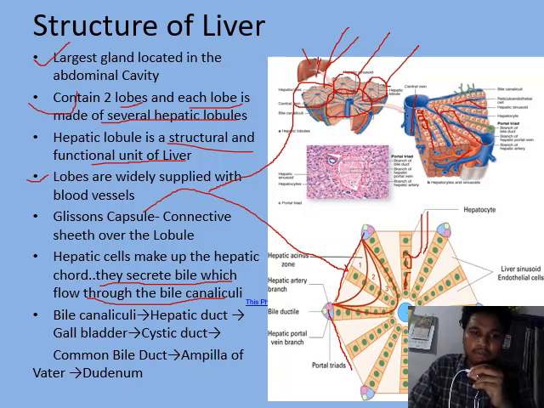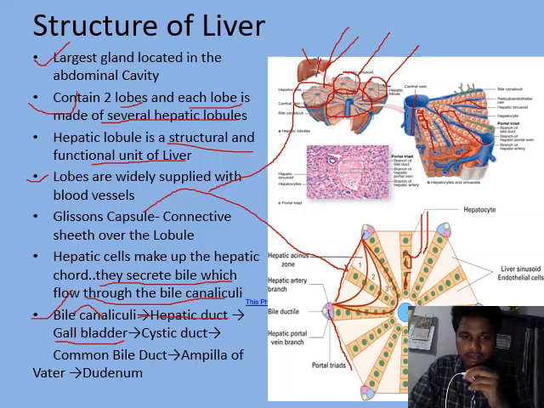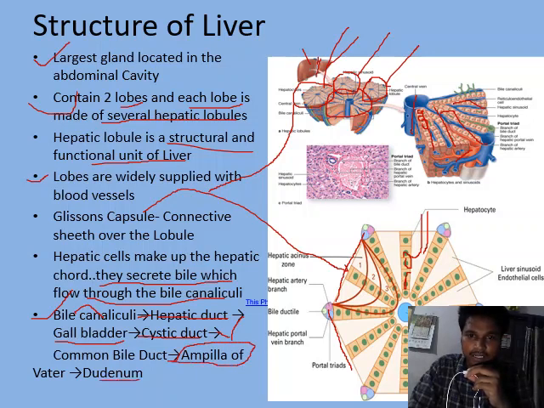Okay, so the bile enters into the canaliculi, and then enters into the hepatic duct and goes to the gallbladder and is stored there. From the gallbladder it is released by the cystic duct, and the cystic duct joins with the pancreatic duct and becomes a common bile duct, and it enters into the ampulla of Vater and finally into the duodenum.